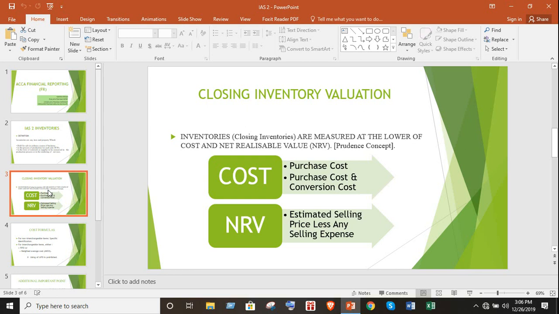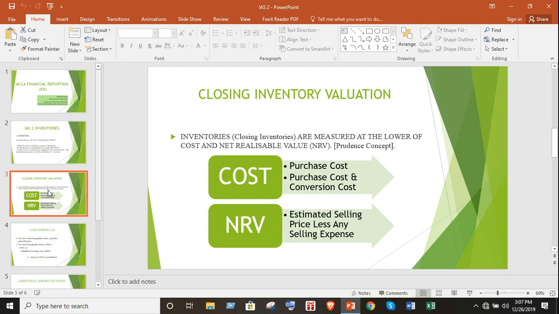If a business is involved with manufacturing or any production plant, then the cost should be purchase cost plus conversion cost. When you calculate the cost, some costs cannot be included in your inventory valuation. They should be excluded: the non-manufacturing overheads, the storage cost, selling cost, and abnormal wastage cost.